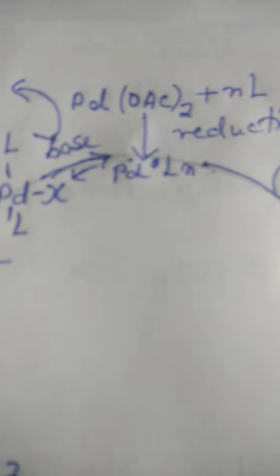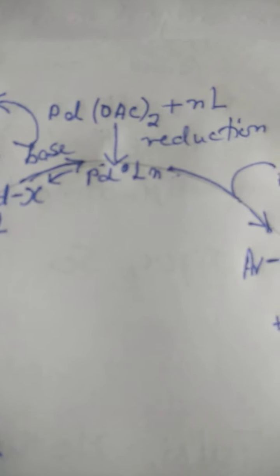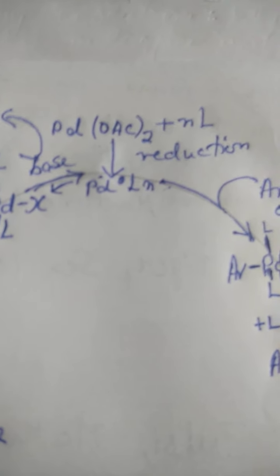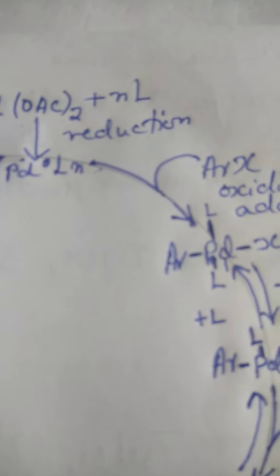The pre-catalyst by reduction gives rise to Pd0. Remember, that is Pd2, this is Pd0. Now this Pd0 is the one which is in an oxidative addition.